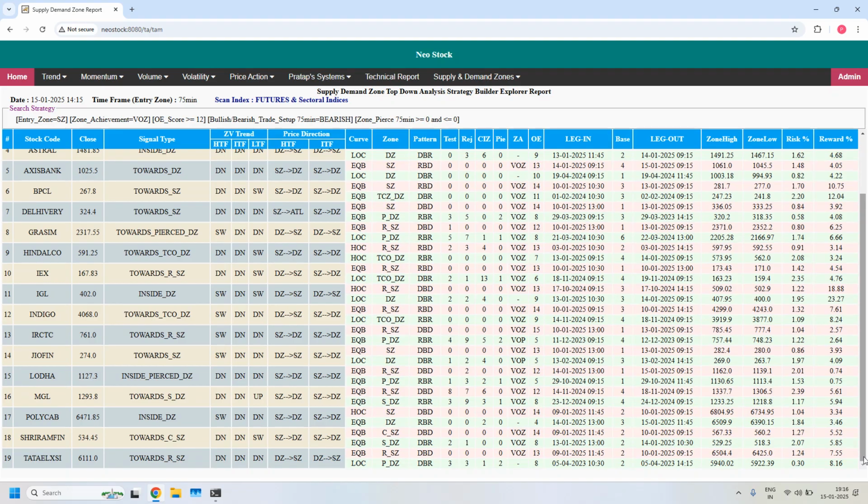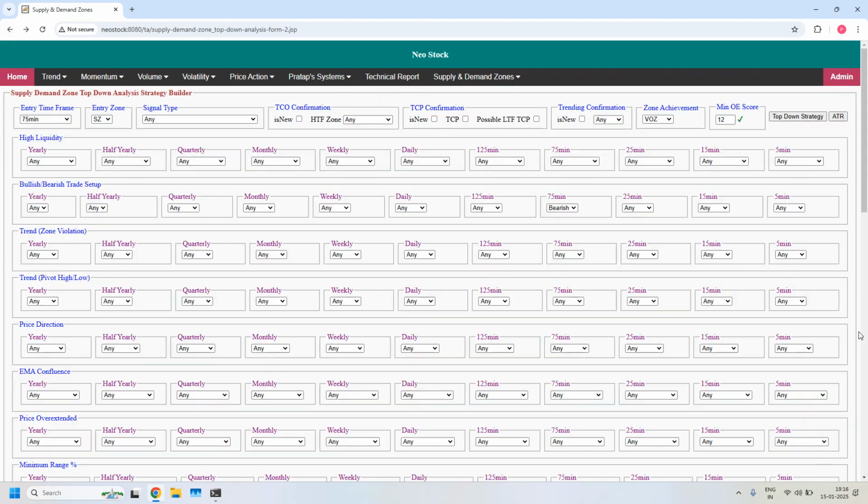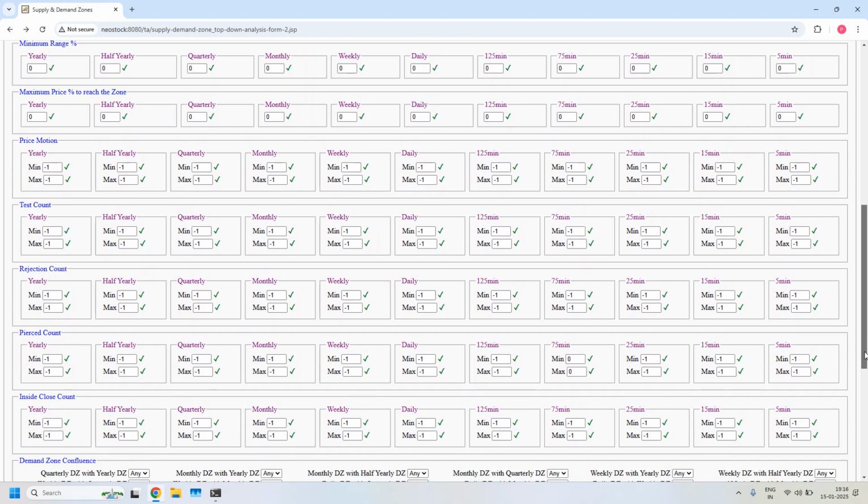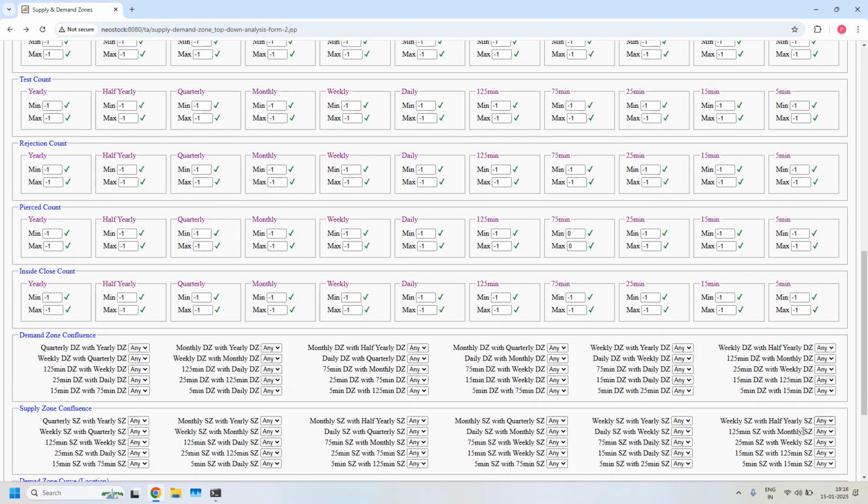So if these 75 minute supply zones are part of the daily supply zone, that is LTF, ITF supply zone confluence, let us verify how many we get. So in the supply zone confluence, I am enabling the filter 75 minute supply zone with daily supply zone confluence. That means all the 75 minutes entry zones should be part of the daily supply zone.